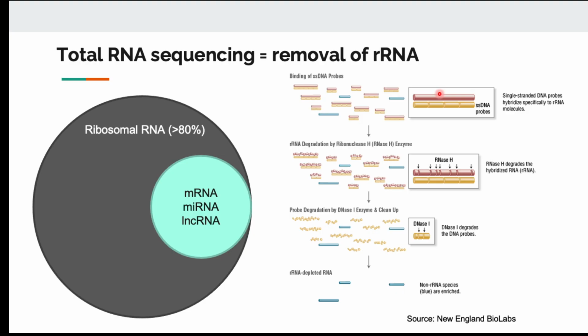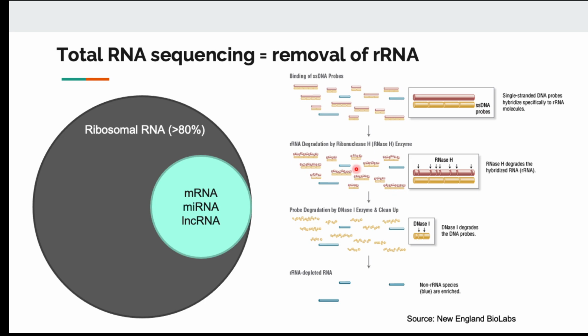Because ribosomal RNA is very conserved, we know exactly what it is. So one thing you can do is design probes against ribosomal RNA, because we know the sequence. And we can use an enzyme like RNase H that specifically targets double-stranded RNA.